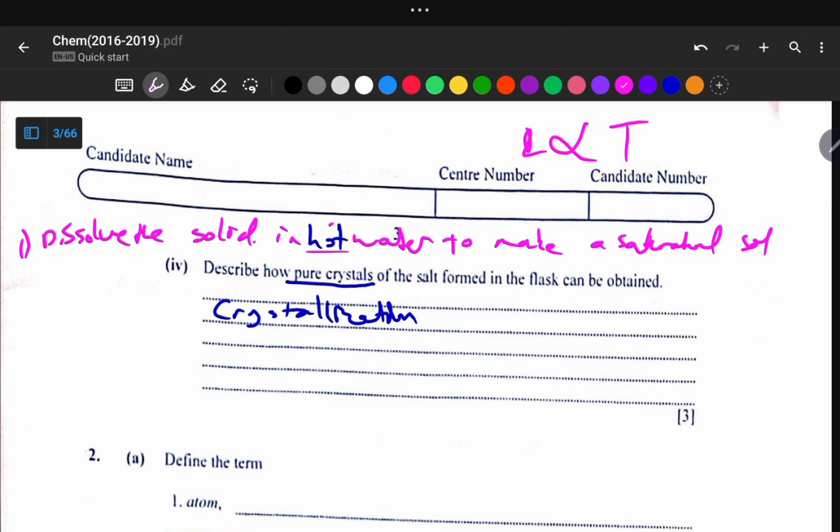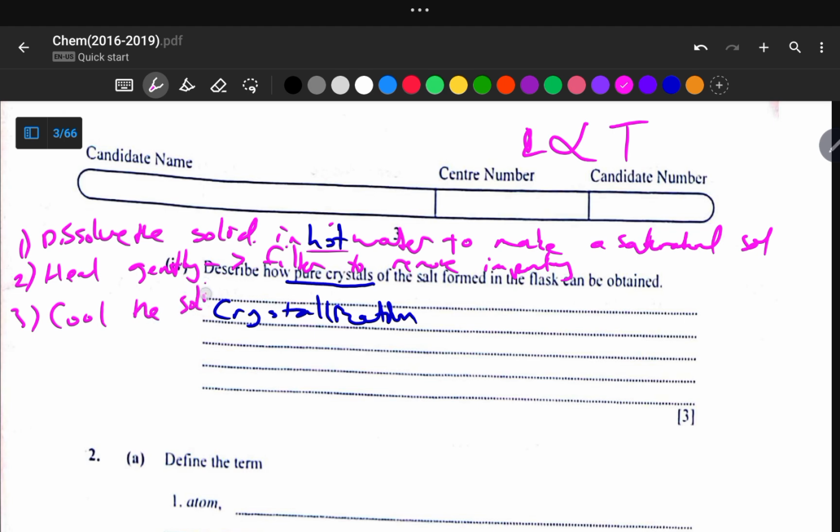And then on step number 2, we heat gently, right? So that's the reason, and then that's the step number 2, and then we filter to remove impurities, right? And then on step number 3, we then cool the solution slowly, right? We cool the solution slowly, and then on step number 4, we are going to filter the crystals, right?